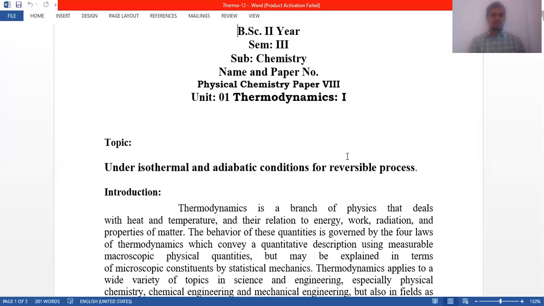How these conditions are applied to the reversible process, at what temperature, pressure, and all the other things we have to discuss in today's Google Classroom.